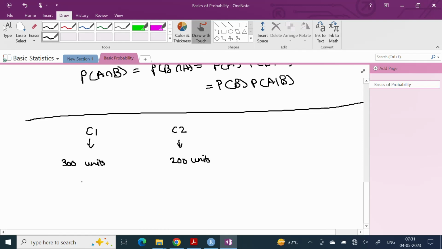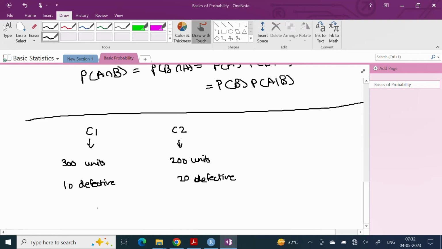So out of these 300 units, suppose 10 turn out to be defective. And out of these 200 units, suppose 20 turn out to be defective. Okay, that is the information that we have. Now, I pick up a piece randomly and it turns out to be a defective piece. Then I want to compute the chances that this piece has come from the first company.